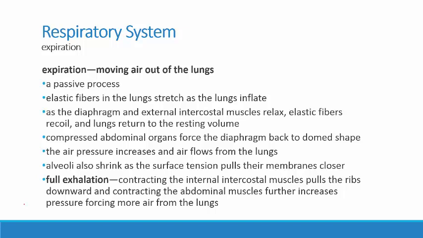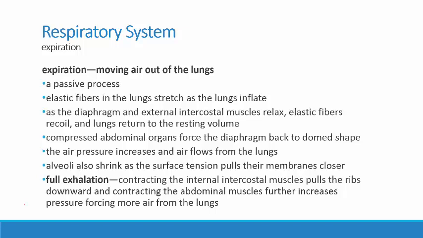It's primarily a passive process, and it's done as the elastic fibers of the lungs are released from the stretch that they were put underneath because the diaphragm relaxes, the external intercostal muscles also relax, and then the elastic fibers rebound or recoil, and the lungs return to the resting volume. So all of this creates increased pressure that forces the air out of the lungs.